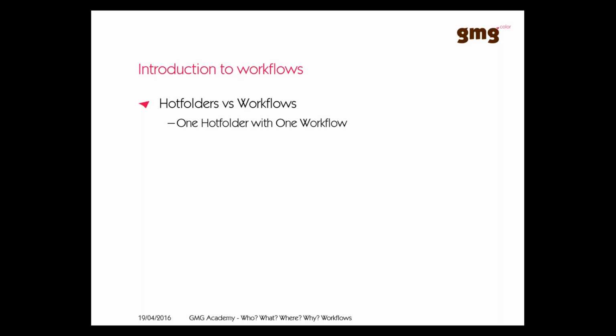It can be one hot folder, so the folder where you put your files in, connected with one workflow, processing the file with a proof standard, label, etc. Or it can be one hot folder linked to many workflows, meaning, for instance, by using file name filtering, in the hot folder the decision is made which workflow, so for instance which proof standard, should be used for the file which dropped into the hot folder.